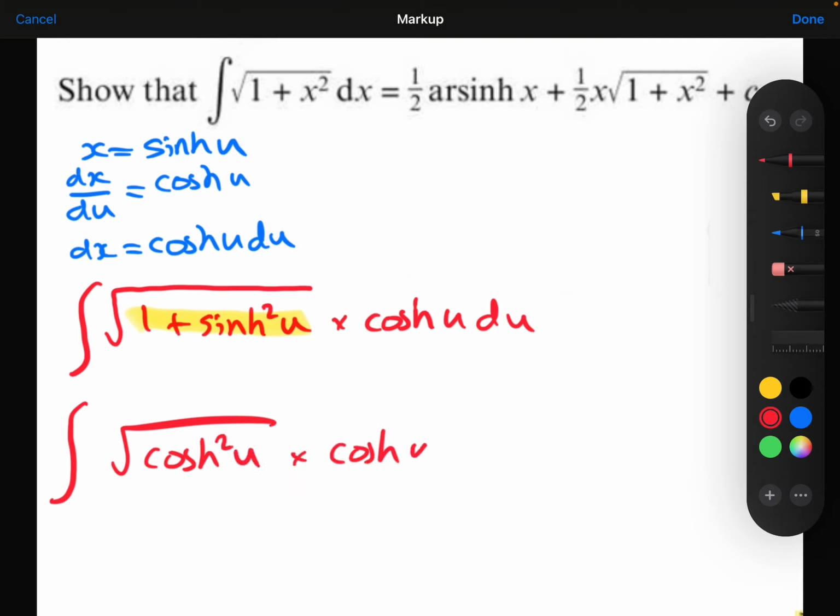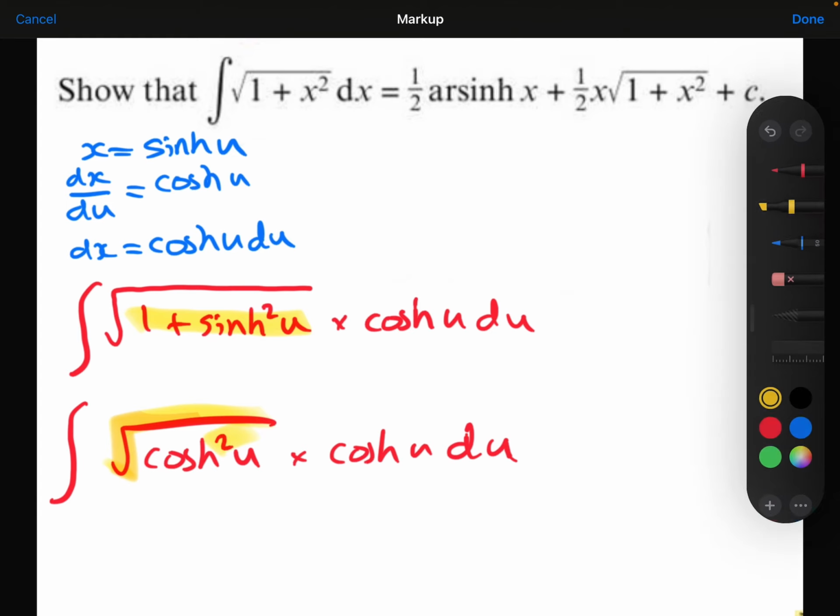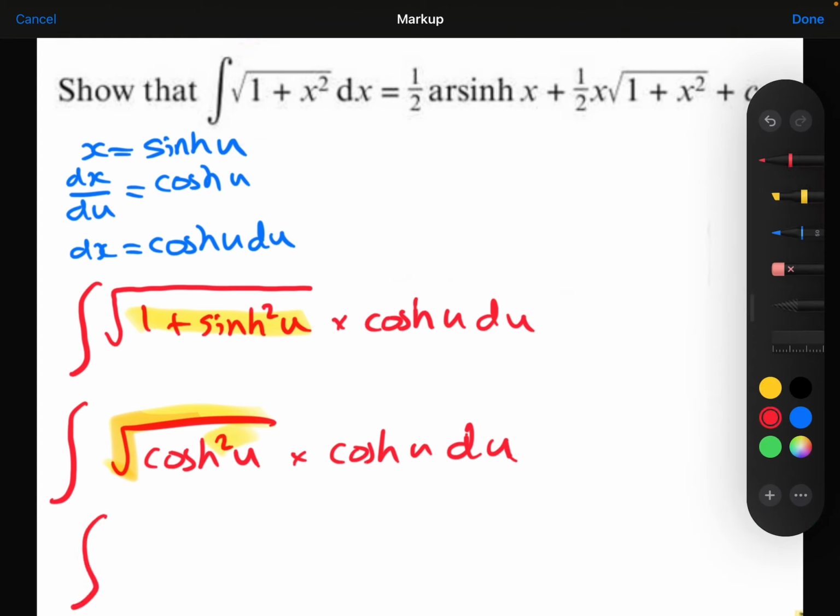The square root and the squared cancel out to just be cosh. And so I just get left with the integral of cosh u times cosh u, which is cosh squared u du.